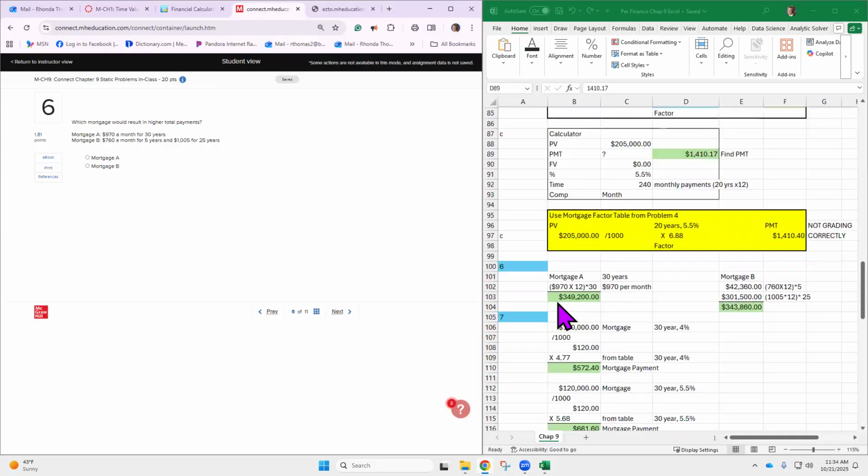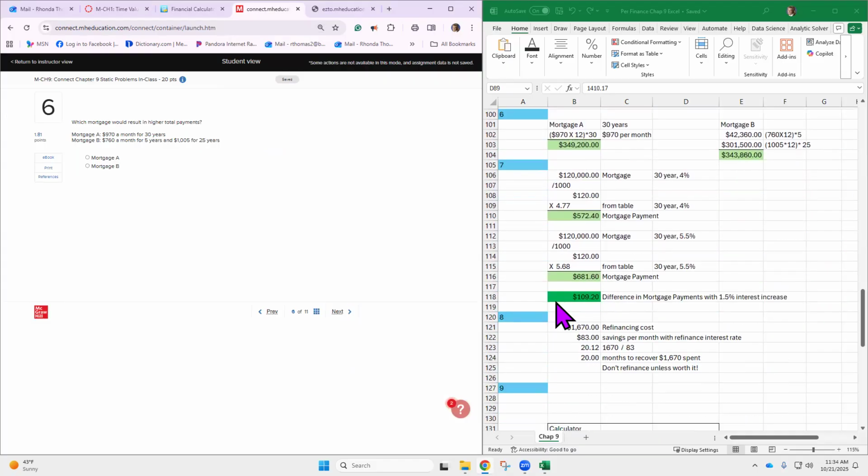Okay, number 6 takes 2 different mortgages. The first one is mortgage A, pay $970 a month for 30 years. The other one is mortgage B. Mortgage B allows for a monthly payment of $760 a month for the first 5 years, and then for the last 25 years, it jumps to $1,005.